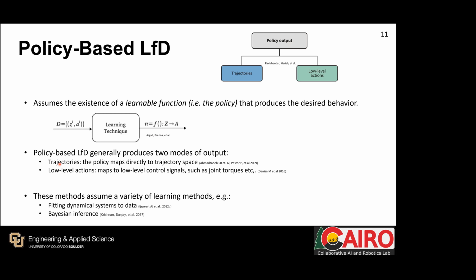There's trajectory-based, in which the policy maps directly to trajectory space, or low-level action, where the policy maps to low-level control signals, such as joint torques. These methods assume a variety of learning techniques, two of the main ones being fitting some sort of dynamical system to the data, or Bayesian inference methods.